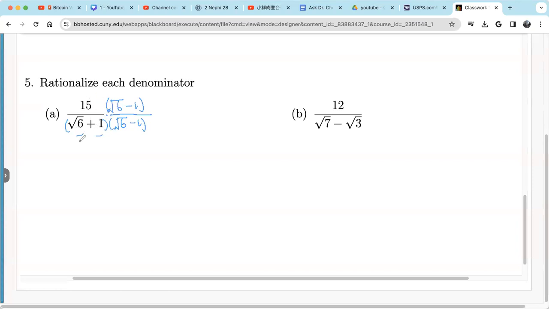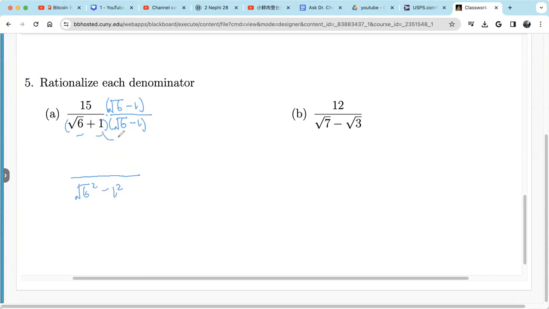For the full expression, we can only multiply by 1. And 1 is a transformer, anything divided by itself. So the difference of 2 squares tells us the denominator we get is square root of 6 squared minus 1 squared, right?